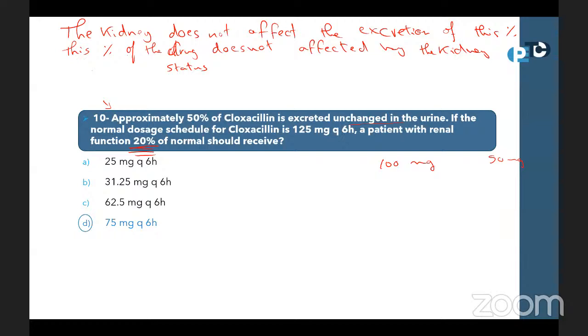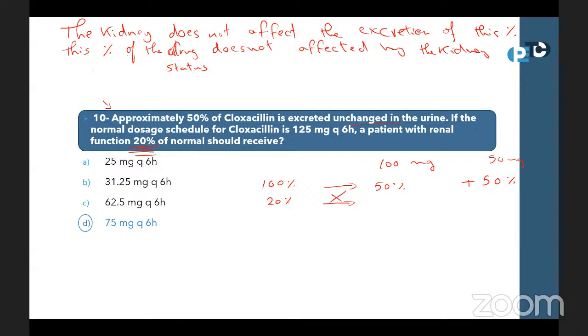When the kidney has 100% of its function, the excretion of the drug by the kidney is 50%, plus another 50% without kidney effect. When the kidney becomes 20% of its function, what is the percentage of excretion of this 50%?